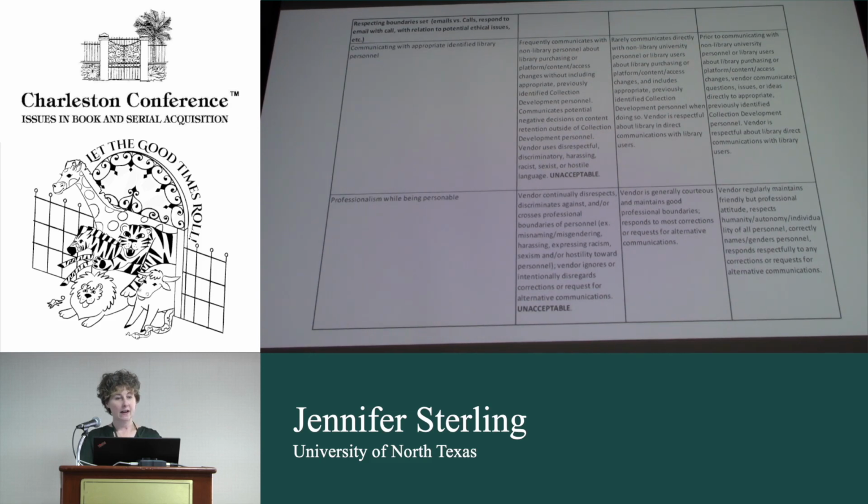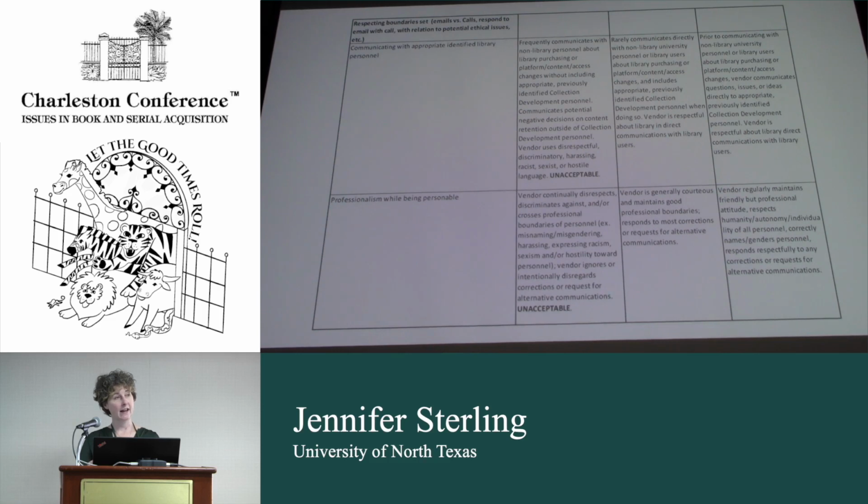Then we have a category for respecting boundaries sets. This would include boundaries that we set for emails, calls, for example, responding to an email with a call. For this, we have 2 subcategories: communicating with appropriate identified library personnel.